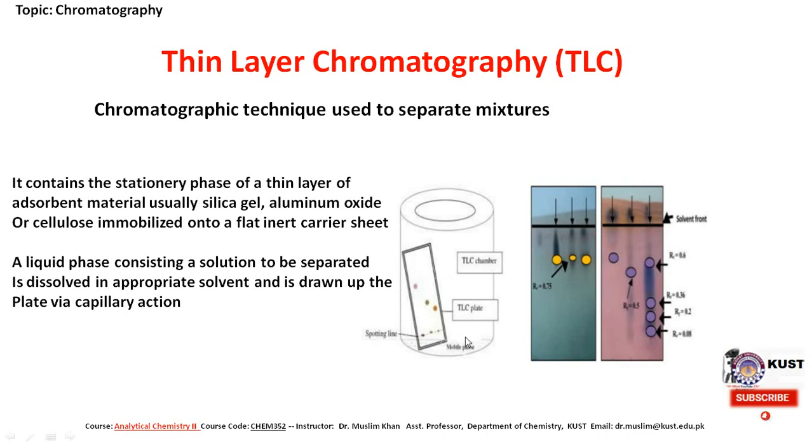The different spots are separated on the TLC plate, and you get the chromatogram. The rest of the procedure is similar to paper chromatography. Then you measure the Rf value of the different spots corresponding to the different components of the mixture.